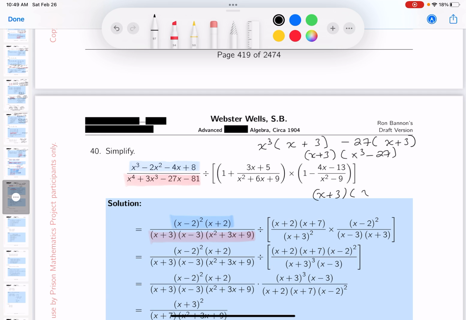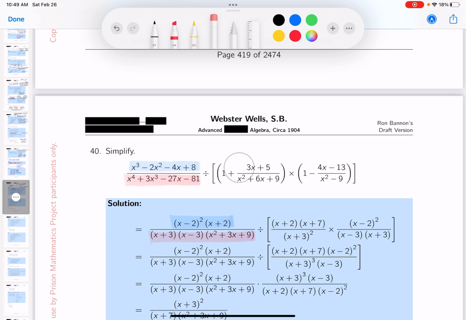Sorry about that. It's x minus 3, x squared plus 3x plus 9. Am I matching it? I am. I get x plus 3, x minus 3, x squared plus 3x plus 9. Things are working out beautifully. I'll get my eraser out, get rid of my work.